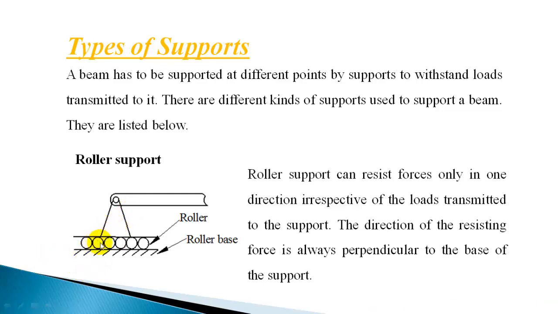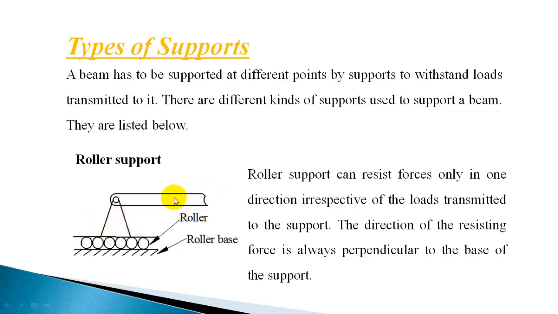Since the rollers are not restricting the motion in the horizontal direction, it can move in this direction, and it only prevents the movement in the downward direction. So this support can only prevent the downward motion of the beam part. If the loads are transmitted in the horizontal direction, it cannot resist that force because it does not restrict the movement in that direction.